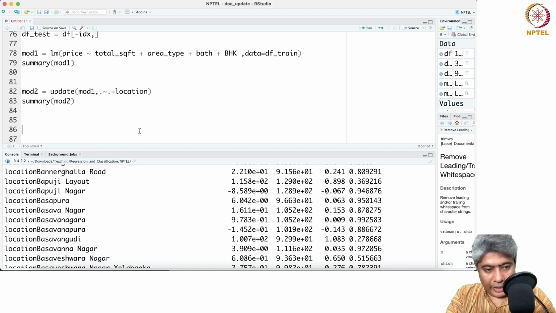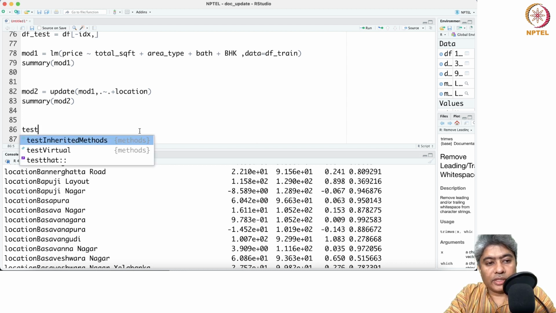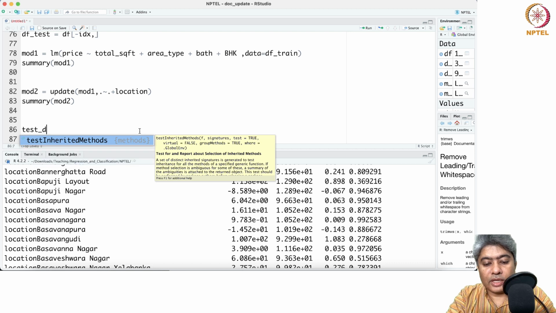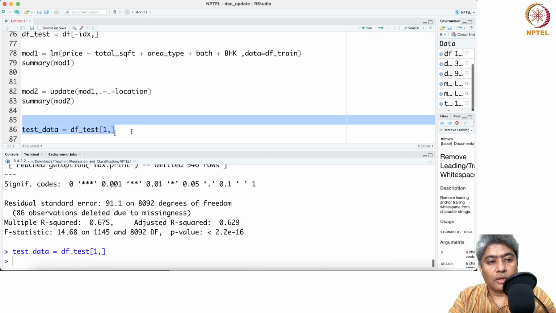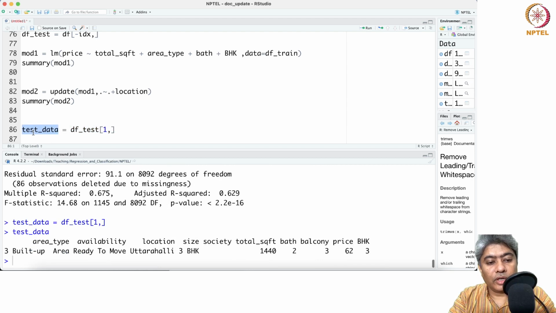Now what I'm going to do is very simple. I'm going to check some price, like test data. I'm going to create some df test 1. So this is the df test data, a test point that we are going to try out.